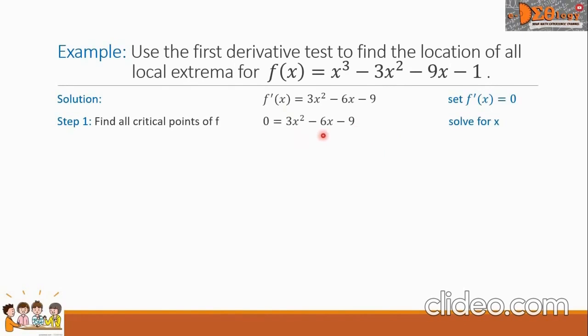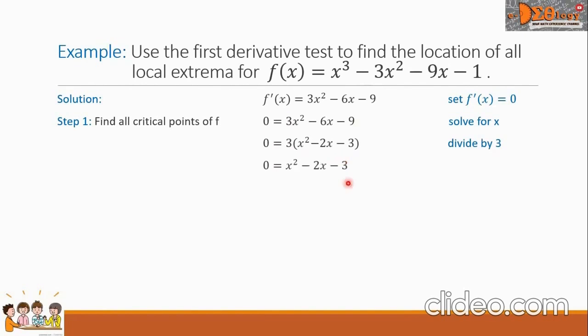Observe that the right side has a common factor, and that is the number 3. If we factor out that number 3, we will have 3 times the quantity x squared minus 2x minus 3. Let us simplify further by dividing this equation by 3.